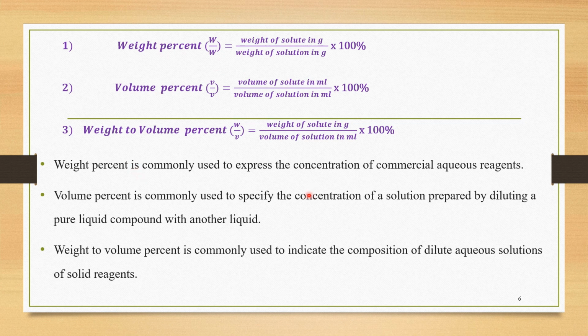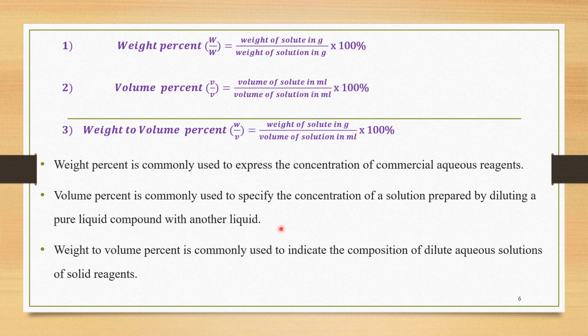Weight percent is commonly used to express the concentration of commercial aqueous reagents. So if we want to express the concentration of these commercial aqueous reagents, at that time this weight percent method is commonly used. The second, volume percent, is commonly used to specify the concentration of a solution prepared by diluting a pure liquid compound with another liquid.